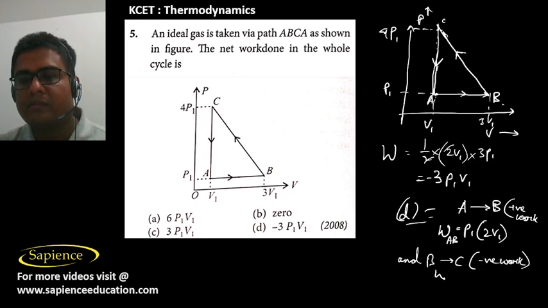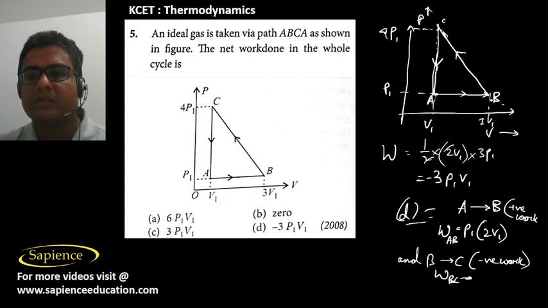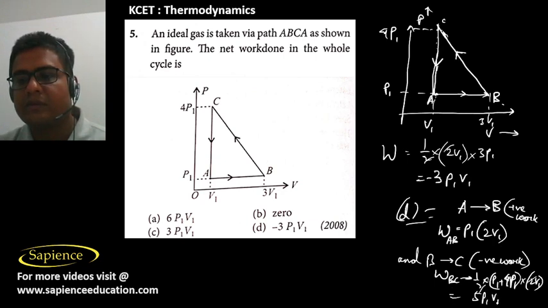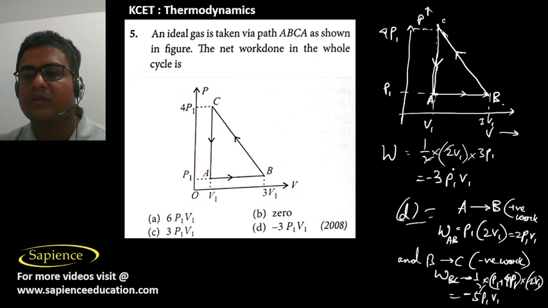The work done from B to C will be the area of this trapezium, which is half into the sum of parallel sides, P1 plus 4P1, into height. Height is 2V1, so the 2 will cancel. So that is minus 5P1V1 plus 2P1V1. So the net work done will be minus 3P1V1.